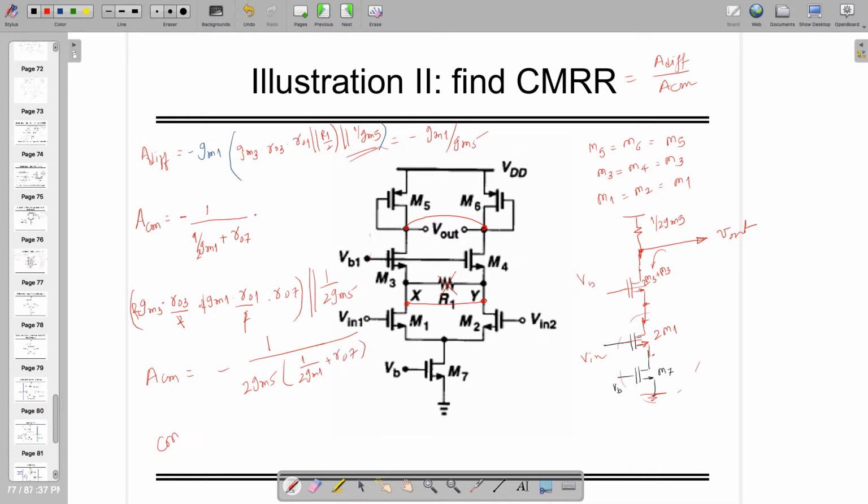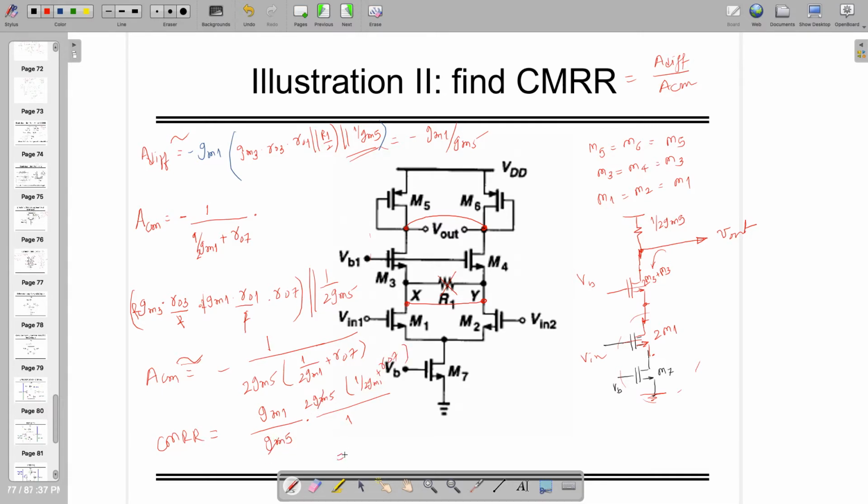and the common mode rejection ratio is going to be equal to, so by the way this is approximated and I'm taking the mod, which will give the plus sign, by the way, for both the quantities. So CMRR is going to be equal to GM1 divided by GM5 times 2 GM5 times 1 by 2 GM1 plus RO7.